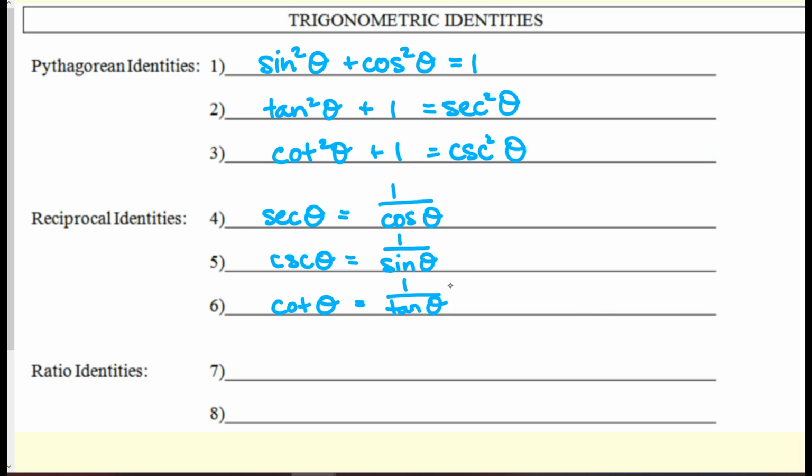And then ratio identities, we have tangent theta is equal to sine theta over cosine theta. And we have cotangent theta is equal to cosine theta over sine theta. So identities are often used to do substitutions to make an expression simpler, replace something more complicated with something that it's equivalent to.